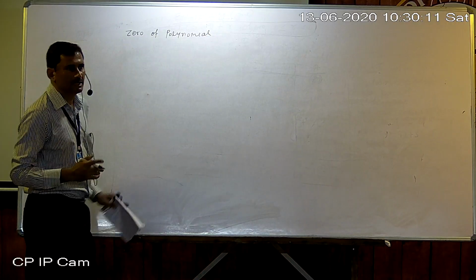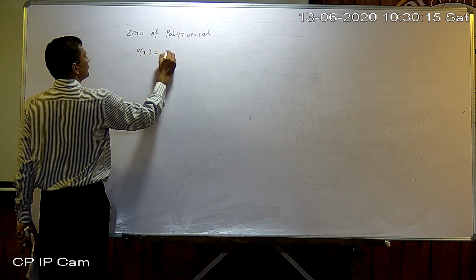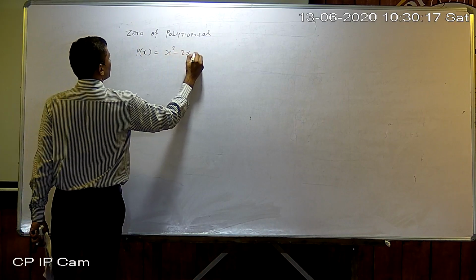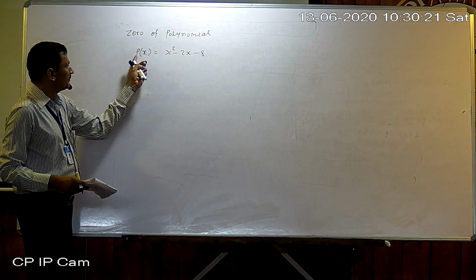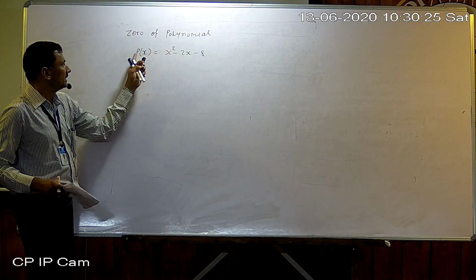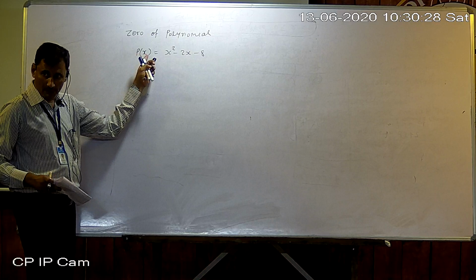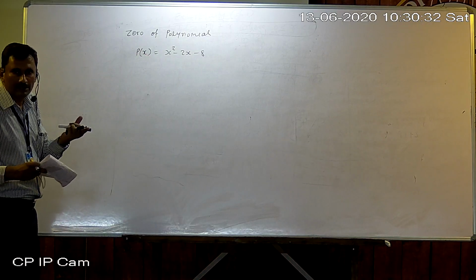Suppose I have p of x equal to x square minus 2x minus 8. This is my polynomial, this is its expression. P of x means polynomial on x. Suppose y is there, then we say polynomial on y, p of y. Now what is meant by zero of the given polynomial?